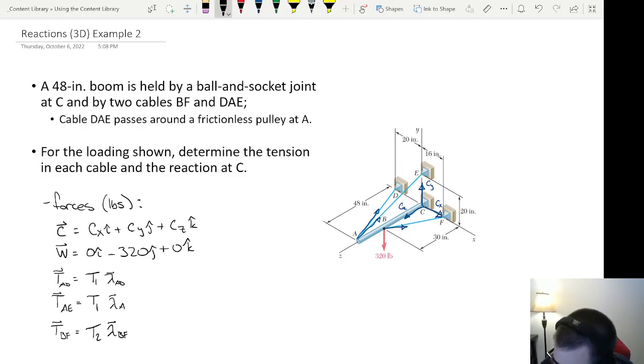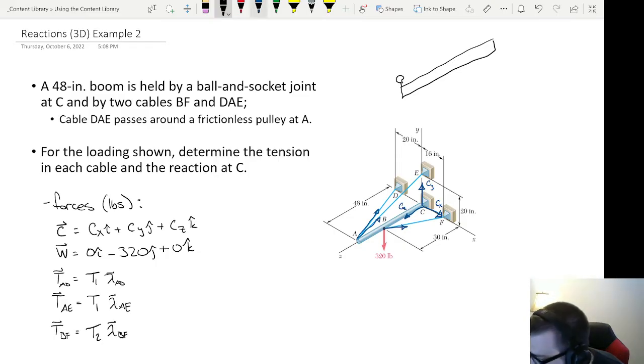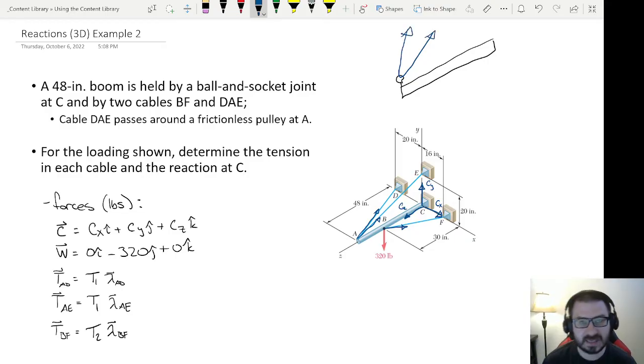The reason I'm saying that is because if we look at the boom, the problem is saying there's a little loop at the end of the boom, and I have a cable that basically goes like this and then loops like that. Whatever that tension is, it has to be the same on both sides. Hence those 2 magnitudes are identical, because they correspond to those forces.